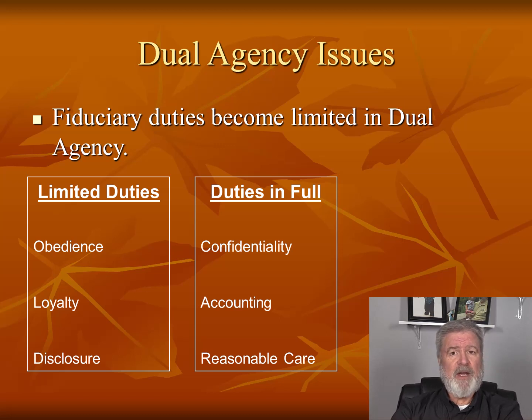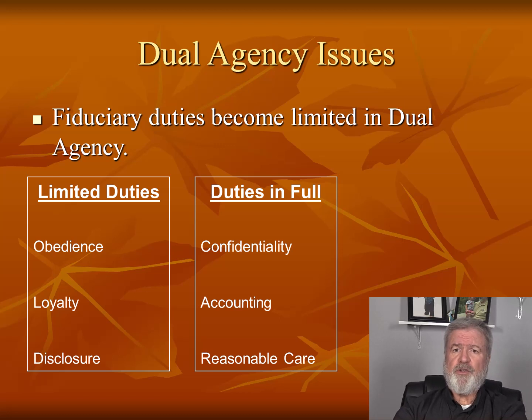And y'all, you've got to make sure you explain this to both the buyer and the seller. Y'all, this is part of the information the principal needs to know in order to make a decision on if they're okay with dual agency or not, okay? Because things are going to change up a little bit.